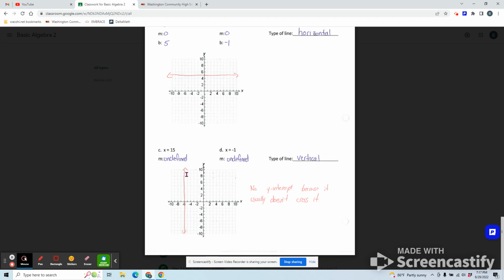So you will not have a y-intercept if I give you a vertical line equation, like x equals -1 or x equals 15. So I graphed a random x equals, this is x equals -6. It's not going to cross the y-axis. My slope is undefined. Mathematically, you end up with a slope of something over 0. We can't have that. You can't divide by 0, so we're just going to say that our slope is undefined.